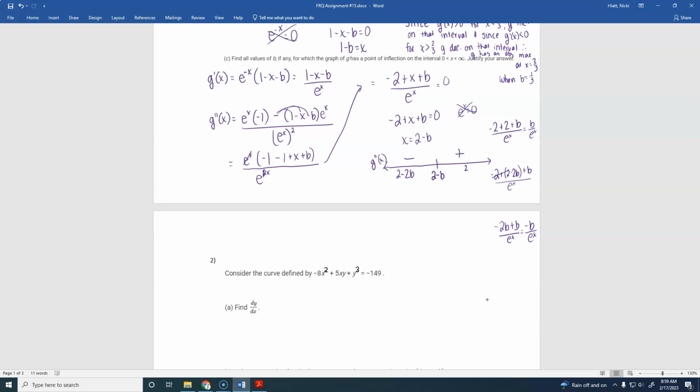But we do want to know that this falls on the interval from 0 to infinity. So 2 minus b has to be greater than 0. Because if 2 minus b is less than 0, then it's not on that interval there.